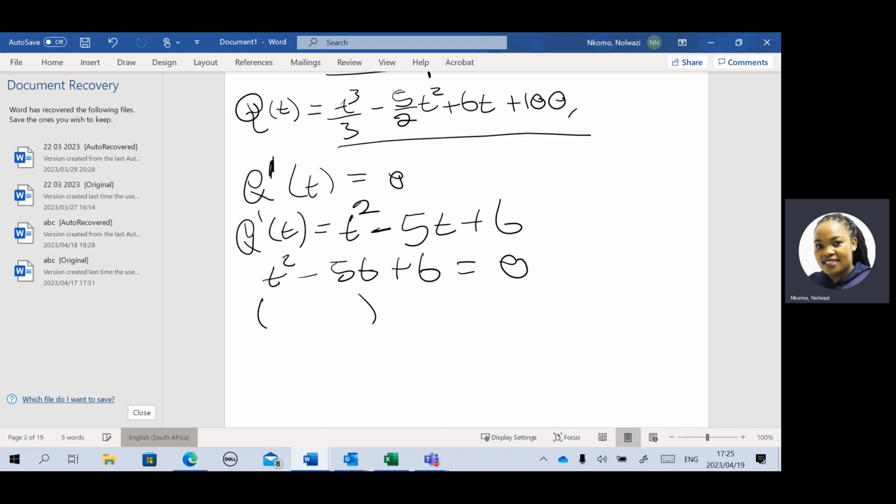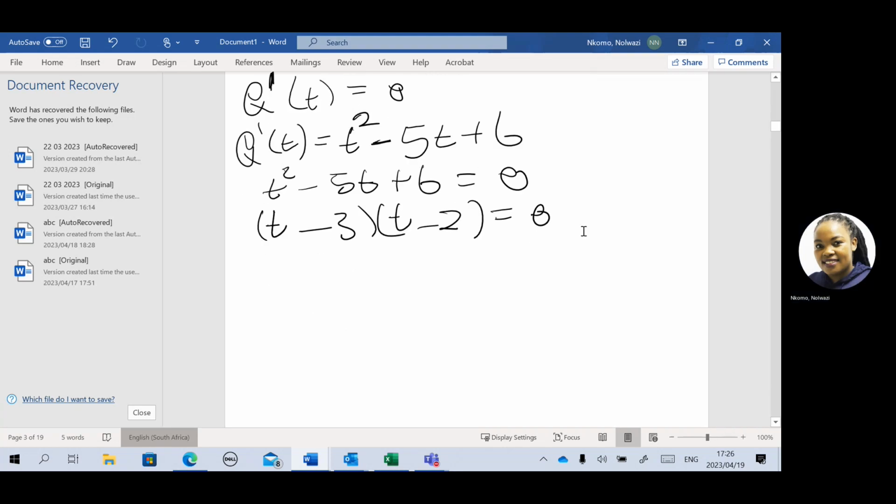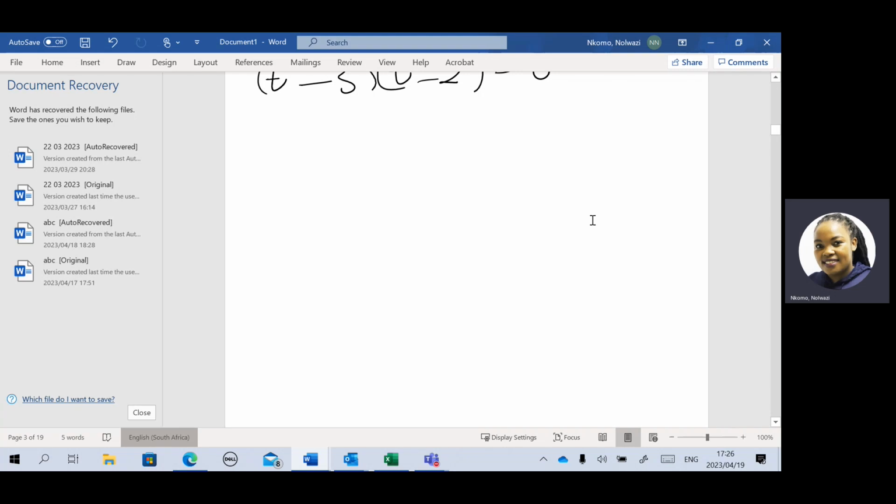And if we factorize this, you should get T minus 3 and T minus 2. So this simply means we have a turning point. Q has a turning point at T equals 3 and T equals 2. So this is our turning point.